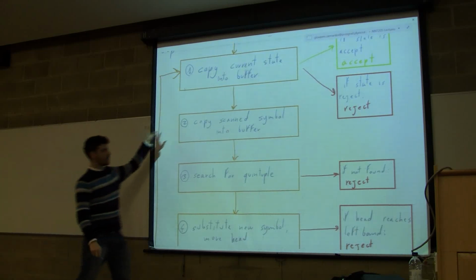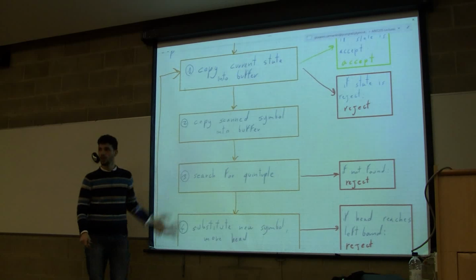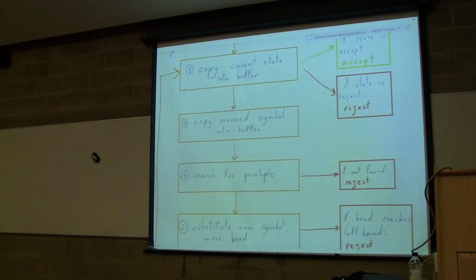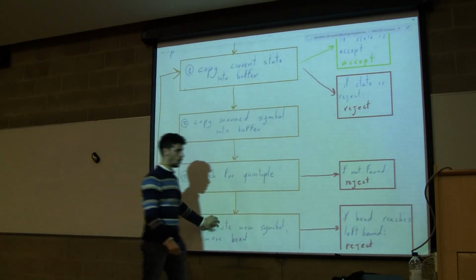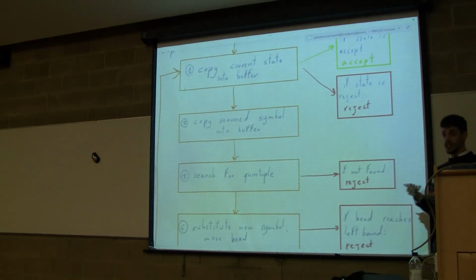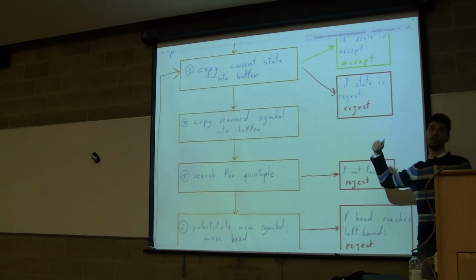So you copy the scanned symbol into the buffer, and you search for the quintuple. You search for the right rule to apply. Do you find it? Yes, you go on. If you don't find it, you reject. It means that that configuration is not in the rules, so you should reject, as the simulated Turing machine would reject.